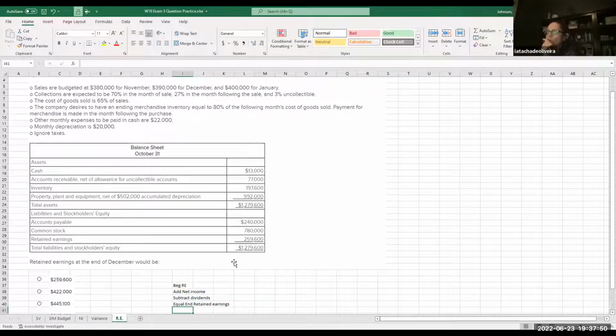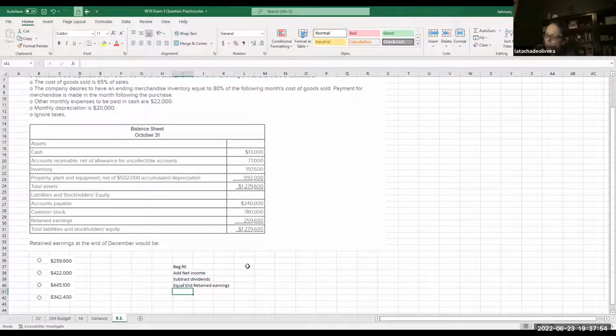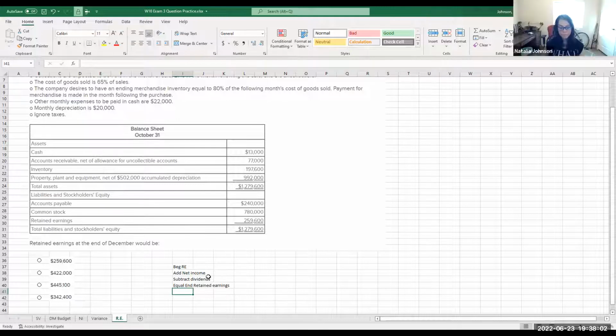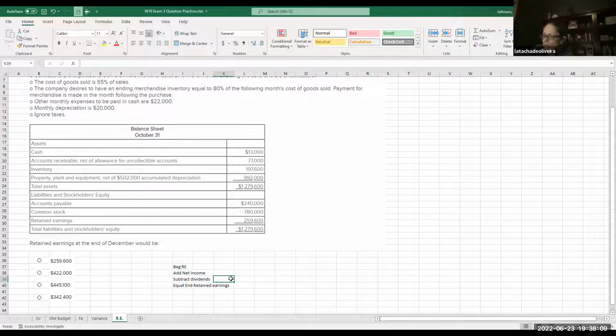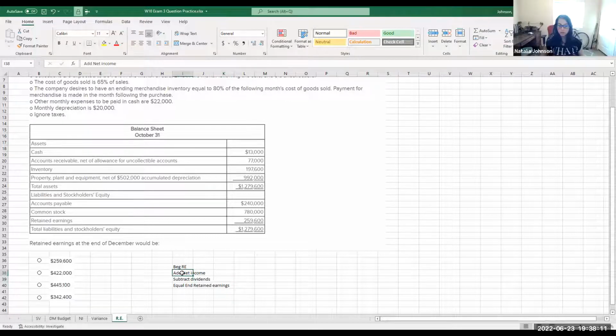So you take your beginning retained earnings, you add the net income, and then you subtract dividends if they give them, and that's the ending retained earnings.